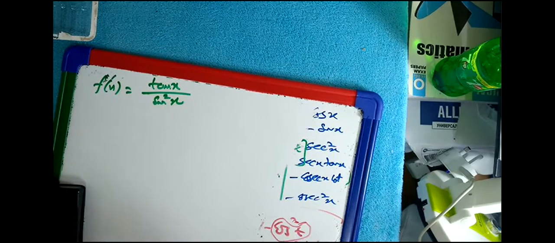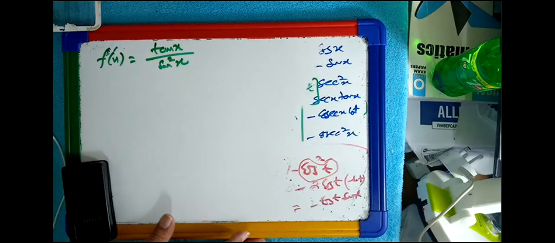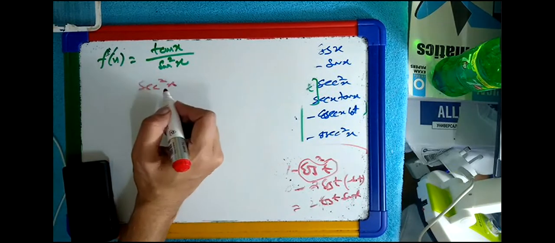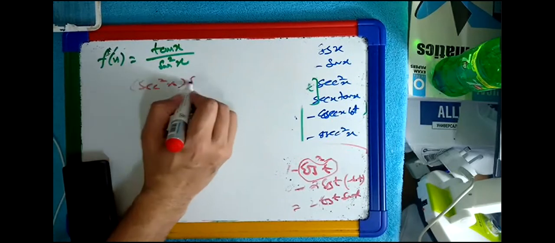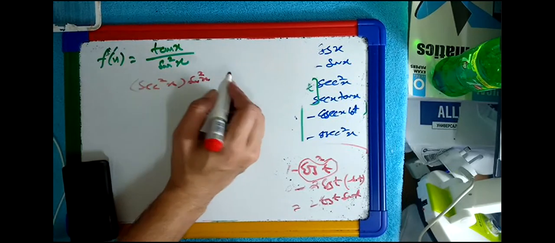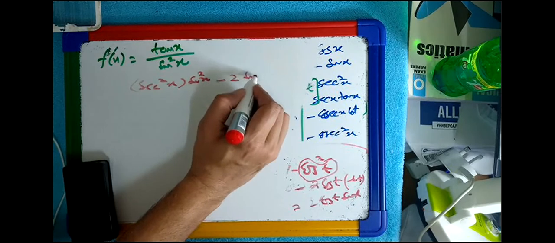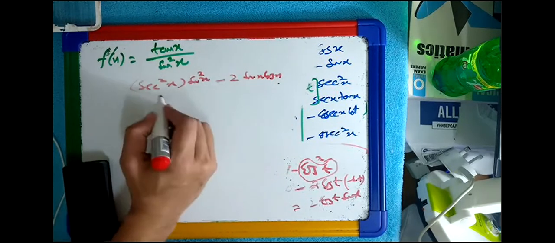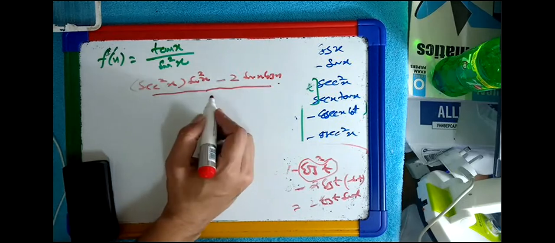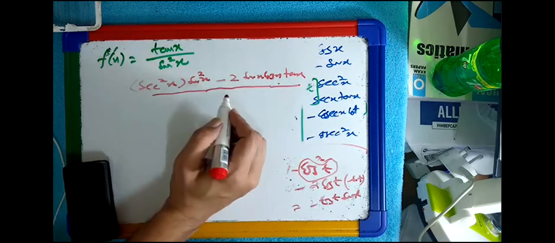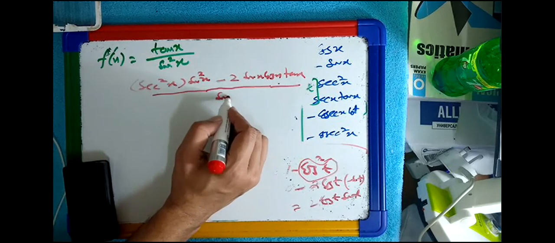The answer is secant squared x times sine squared x, minus 2 sine x cosine x times tan x, divided by sine squared x.